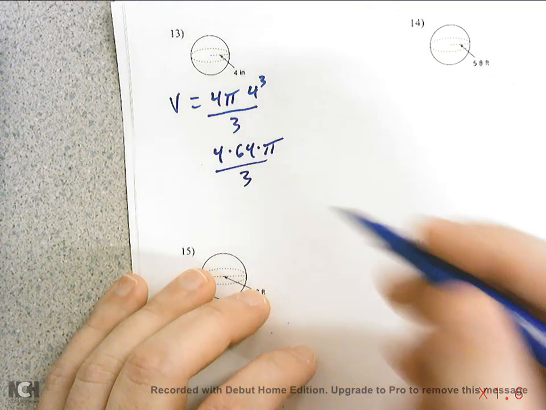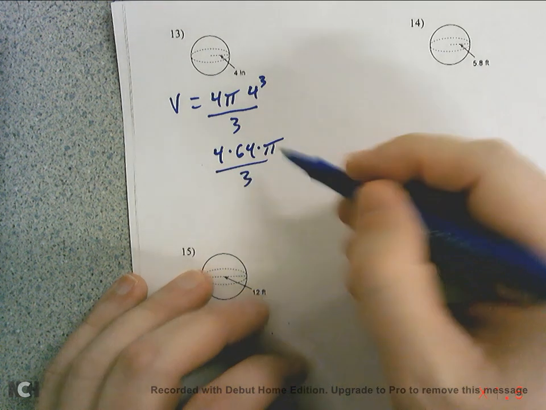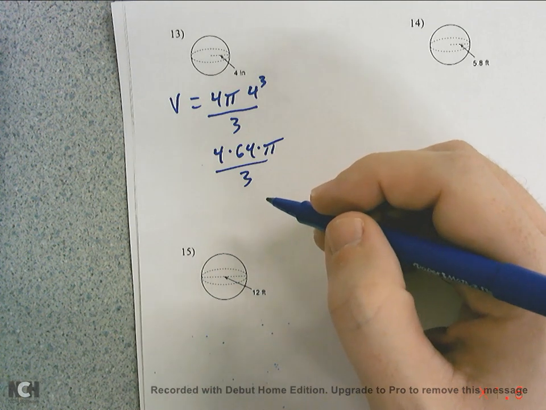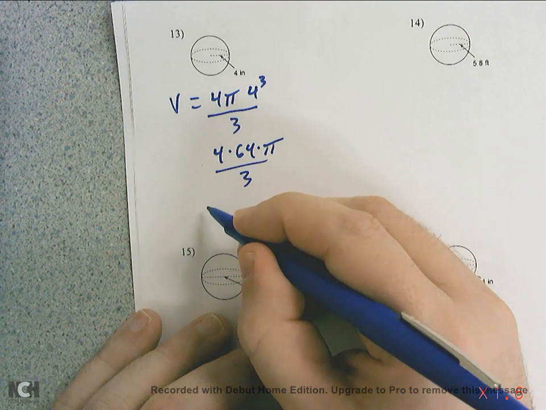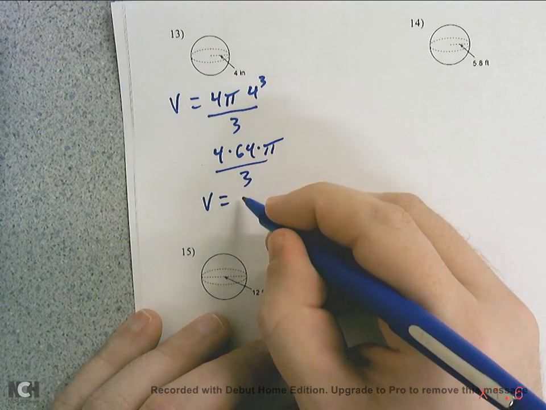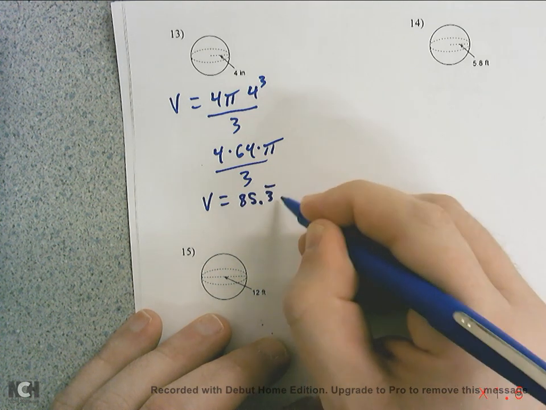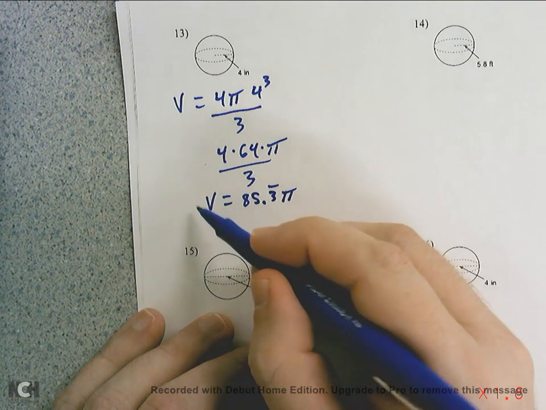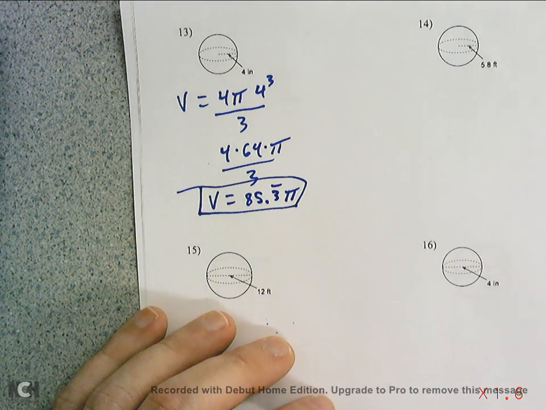I just rearranged it because it doesn't matter the order in which you multiply. You're going to end up with the same thing. 4 times 64 is 256. Divide that by 3, and our volume is going to equal 85.3 repeating pi. And that would be my answer. Okay, and that's it.